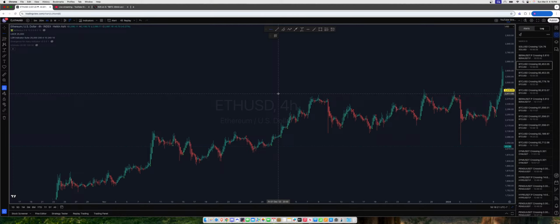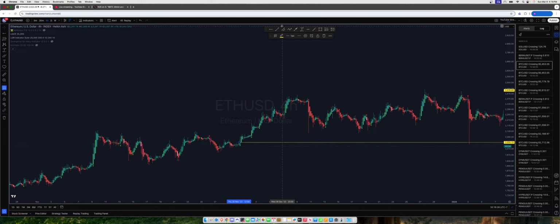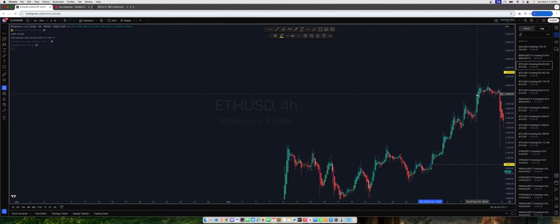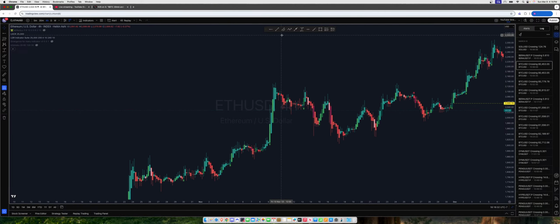I think this is already tested, so I'll just mark this in dotted lines. But we're losing that at the moment. And then the next one is way down here, also a dotted line. Here's the next support.